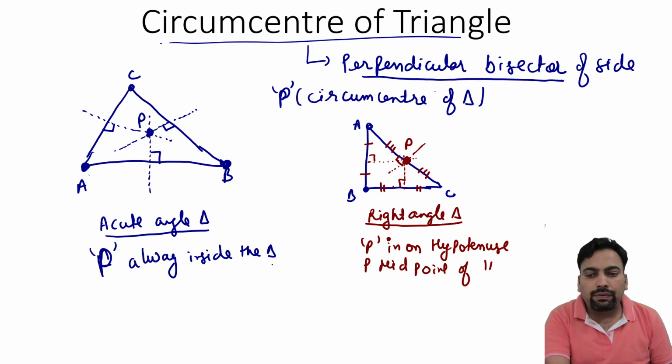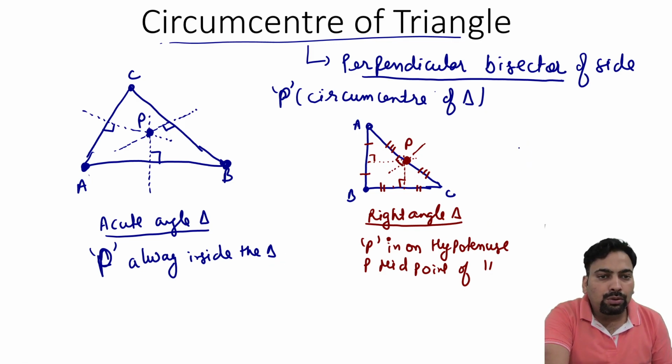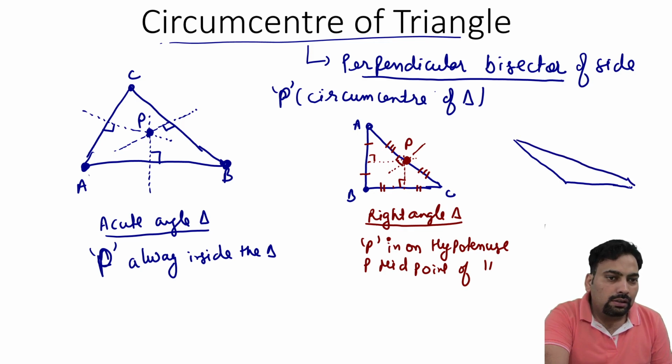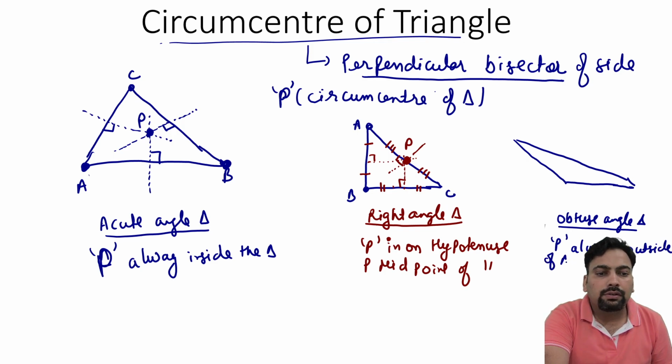Okay, if you talk about the obtuse angle triangle, here your point P is always outside of the triangle.